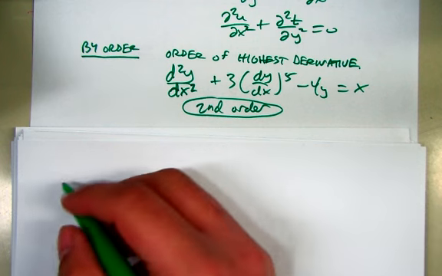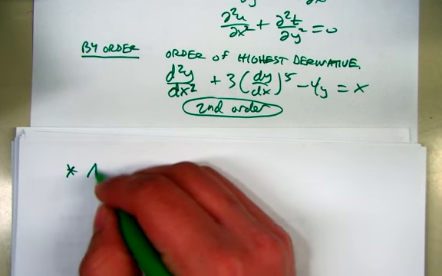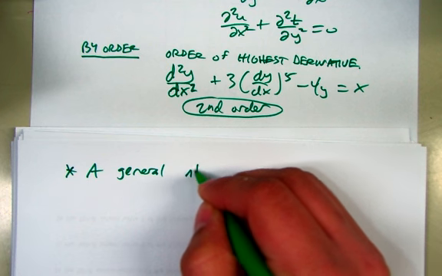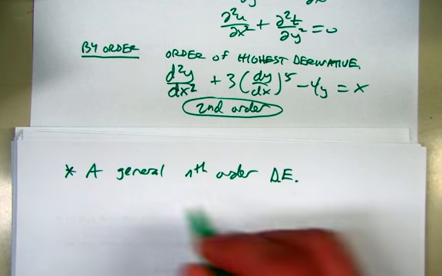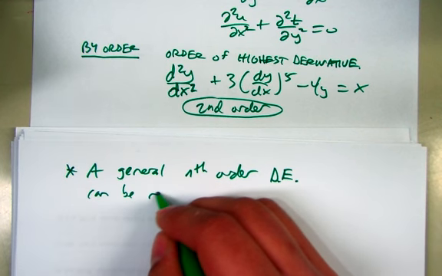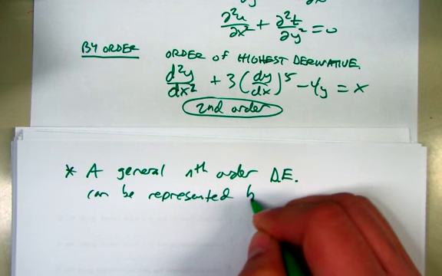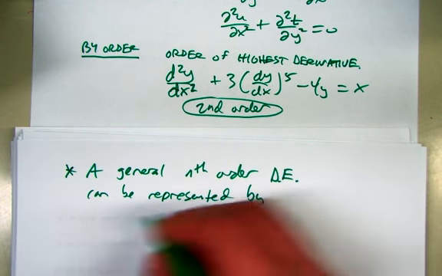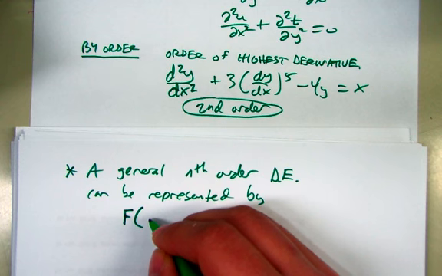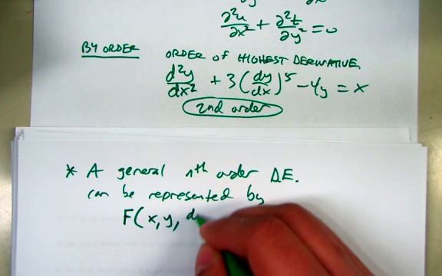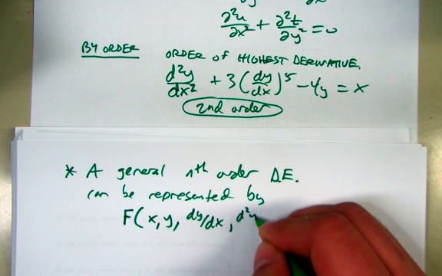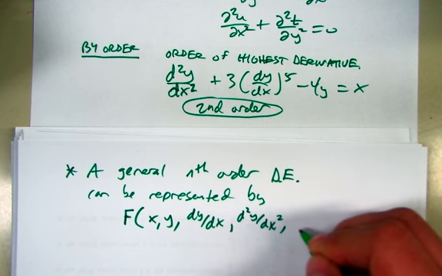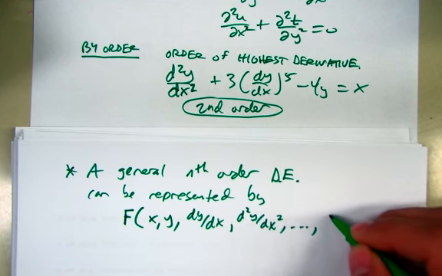Before we go on to the last type, just a little note here. A general nth order differential equation can be represented by a function, we'll call it capital F, of x, y, dy/dx, d squared y over dx squared, and so on, all the way up through the nth derivative.